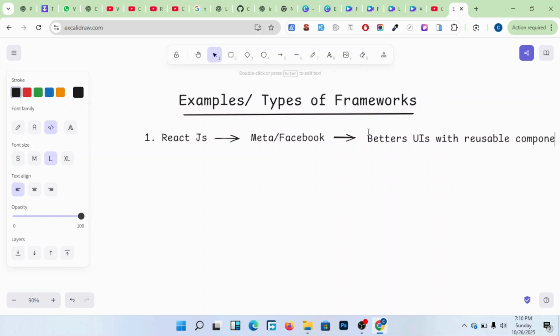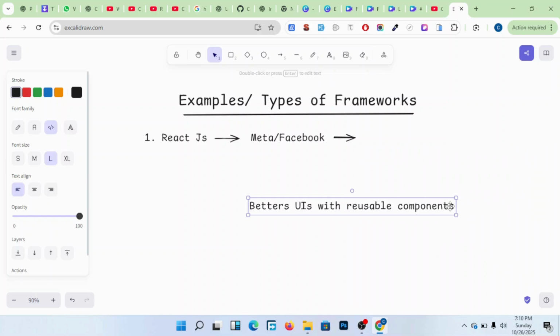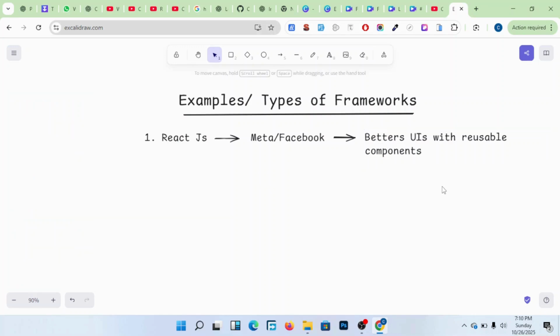So this is the major purpose why this framework, React JS, was introduced. It is more about reusable components.